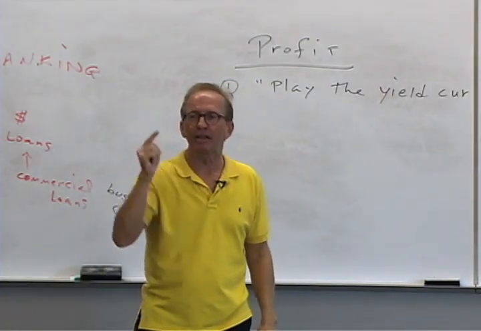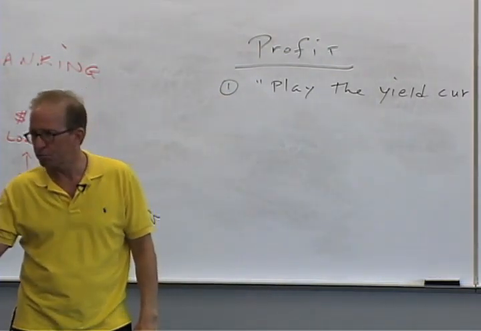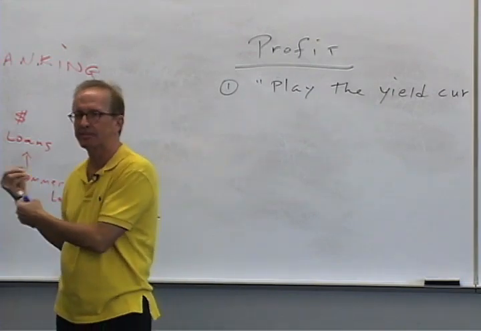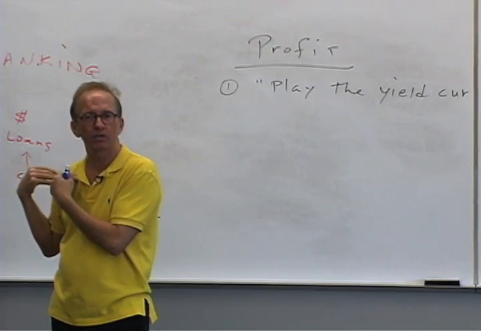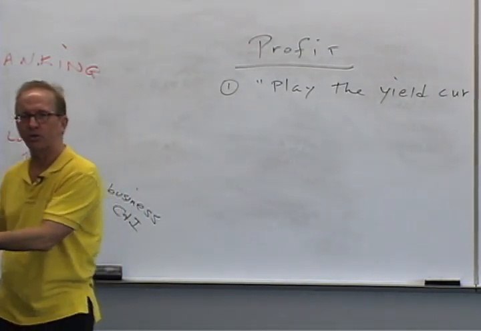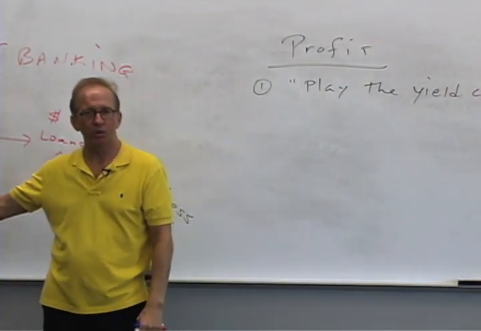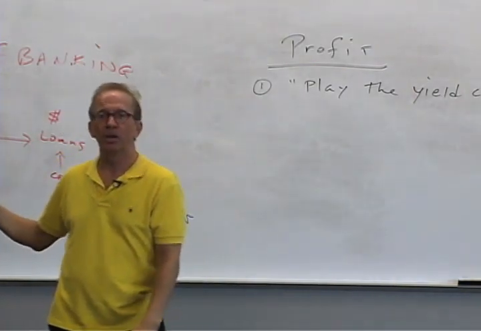And then here's what the banker is counting on. When you come back in and you want your money in 1 month, the banker is going to get somebody else to give them a 1-month deposit or a 2-month deposit or whatever, but they're going to get a deposit from somebody else. And when you want your money back, they're going to give you the other depositor's money. And then after another 1 or 2 or 3 months or whatever it would be, this next depositor comes in and says, I want my money back. The banker says, okay.